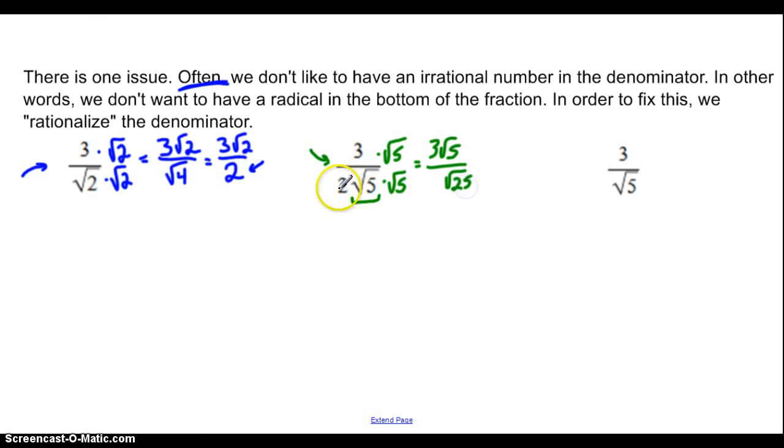Multiply the numbers outside the radical, just the 2. And then the square root of 25, well, that's just 5. And 2 times 5 is 10, sorry. 2 times 5 is 10. And the numerator, 3 square root of 5. So again, we notice that there's no longer a radical or square root in the denominator.